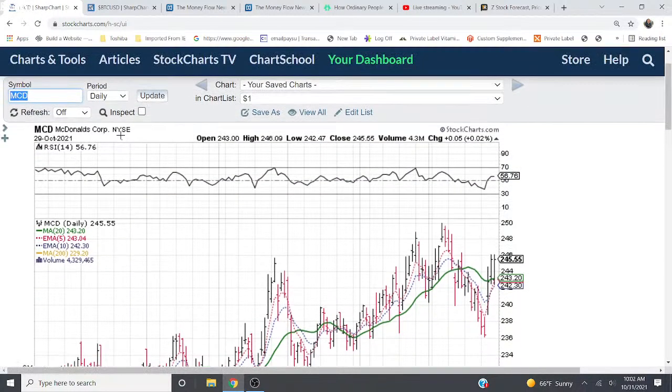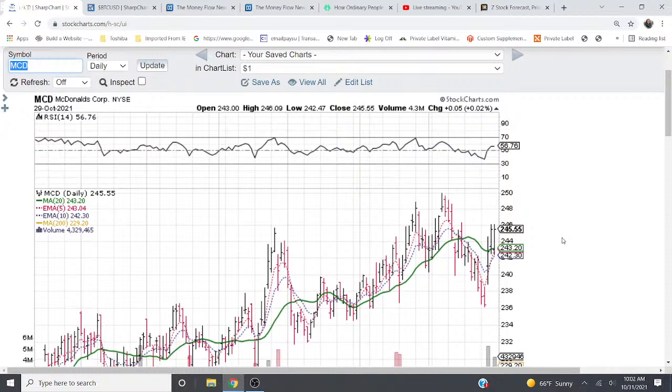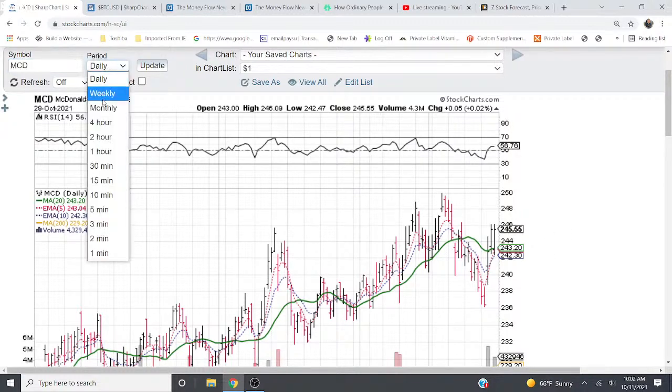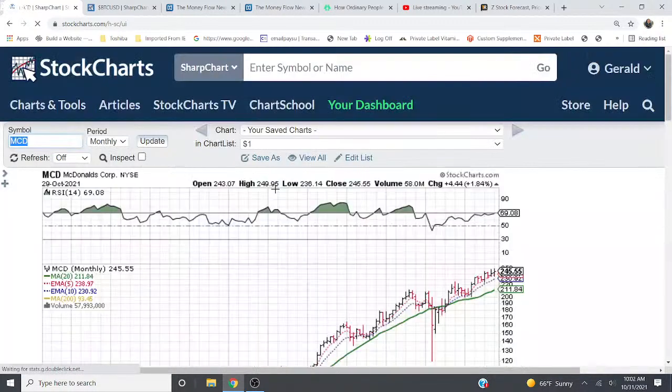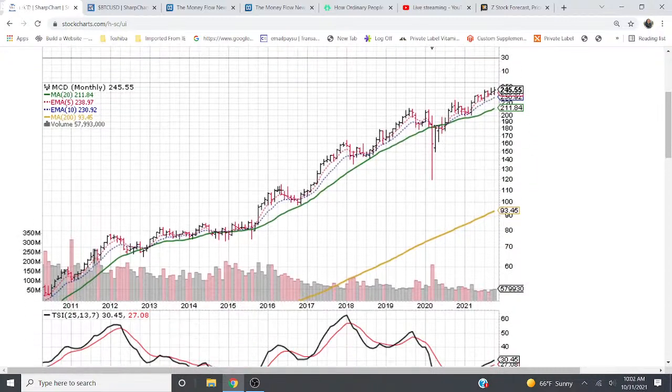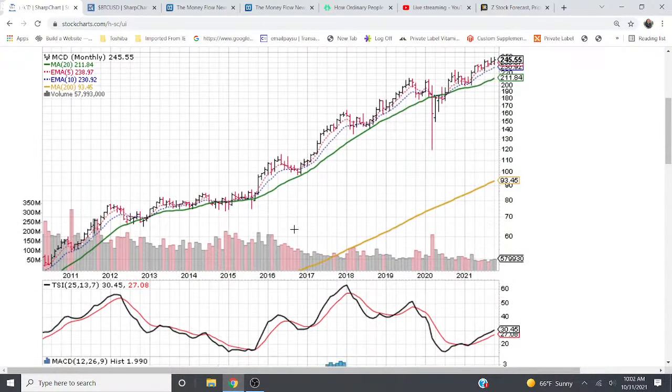This is McDonald's. It's trading at $245. Let's back it up. In the year 2012 or 13, it was trading at $70.